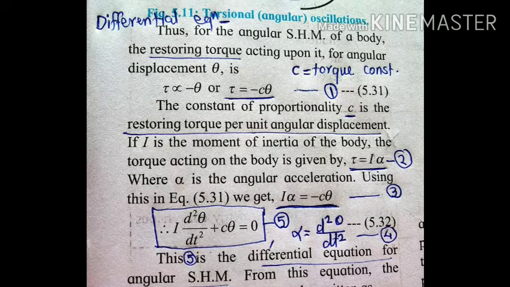Therefore, the unit of torque constant C is Newton meter per radian. Unit of torque is Newton into meter, and unit of angular displacement is radian.